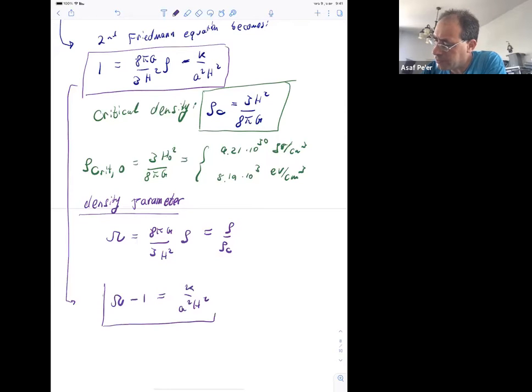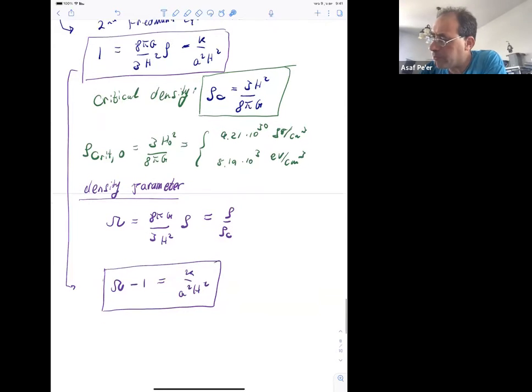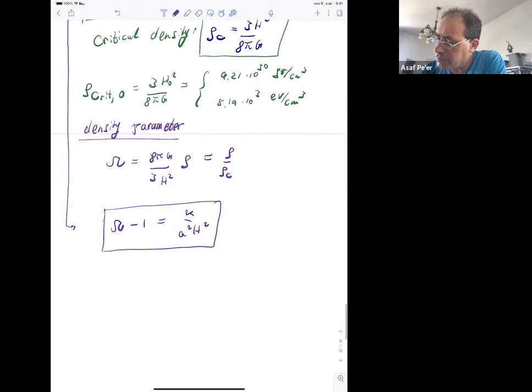Same Friedmann equation. I just wrote this as rho over rho critical, so that's omega. The 1 goes to this side, and k over H squared goes to that side. Not particularly problematic. Then we have the following: if rho is smaller than rho critical, that means omega is smaller than 1.